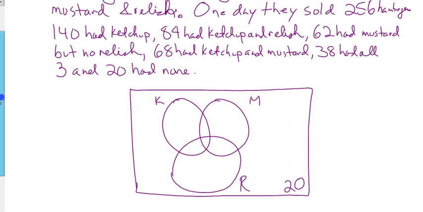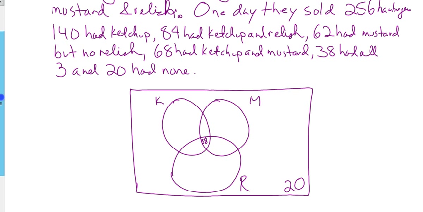What's the next number we want to put in? 38, right? So you go for the most restrictive, which is all 3. So the 38 goes in the middle there. Okay, now what? 140 had ketchup. Can we deal with that yet? No. 84 had ketchup and relish.